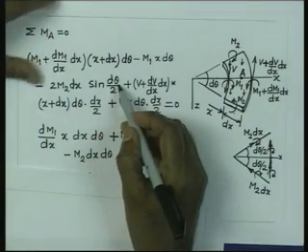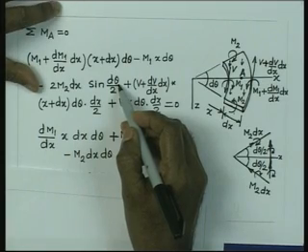We write this thing approximately equal to d theta by 2.